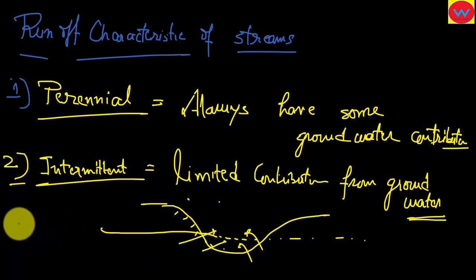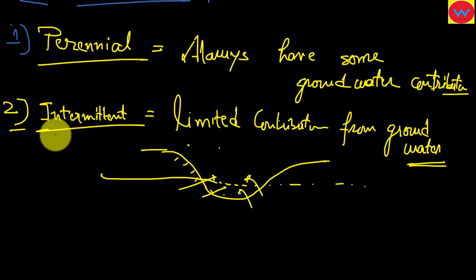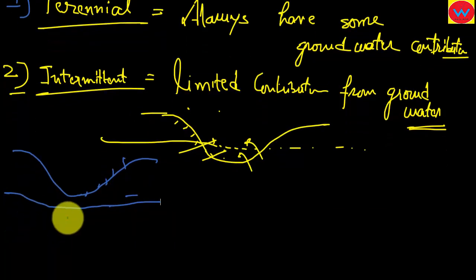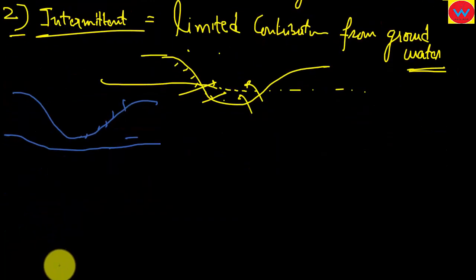But in dry season, this groundwater table drops below your river bed, so there is no contribution to the river stream. Therefore this is known as intermittent, that sometimes there is contribution and sometimes there is no contribution through groundwater.